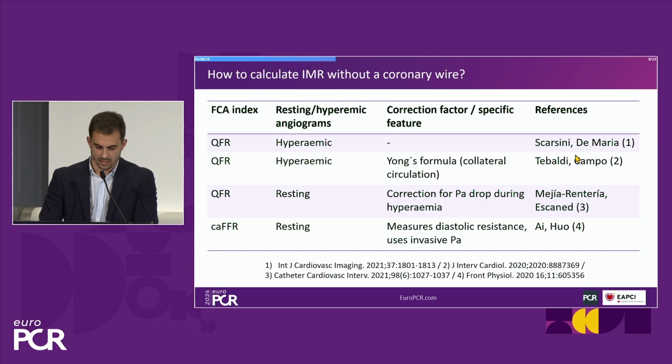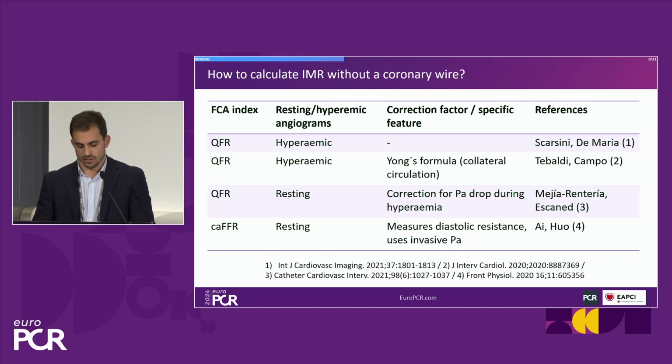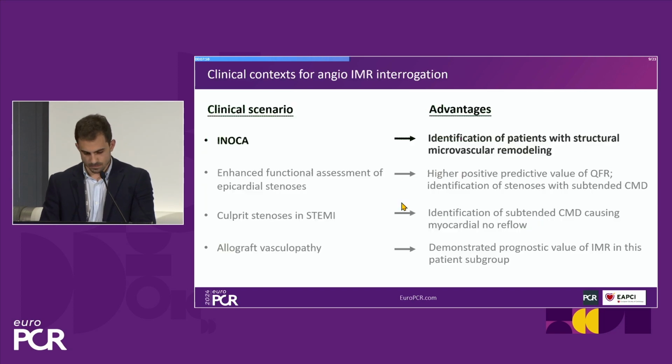Also, our group from Hospital Clínico, with angio-IMR using resting angiograms and a correction factor to adjust the pressure drop during hyperemia, and also other indexes from Chinese colleagues using FFRangio, resting angiograms, and measuring diastolic resistance.